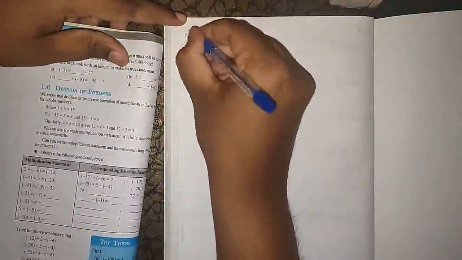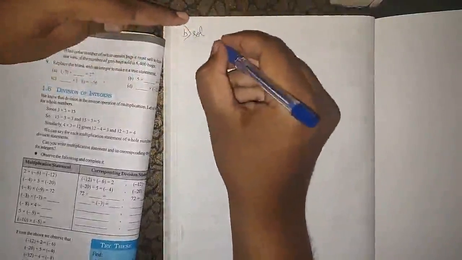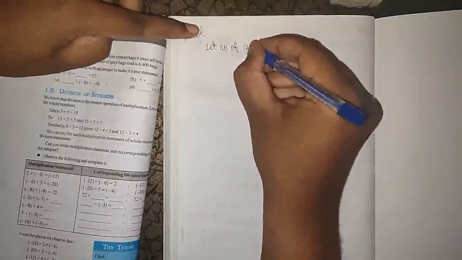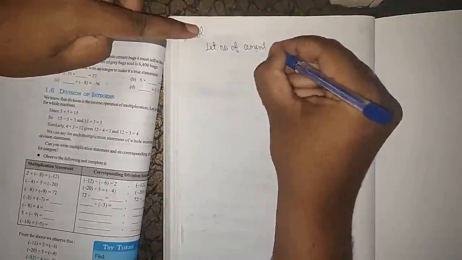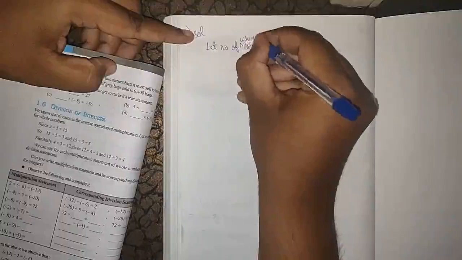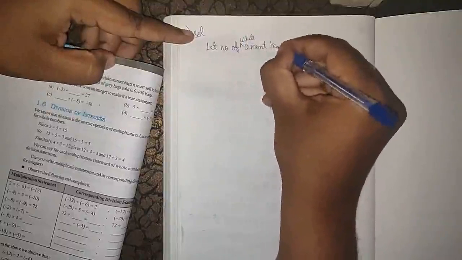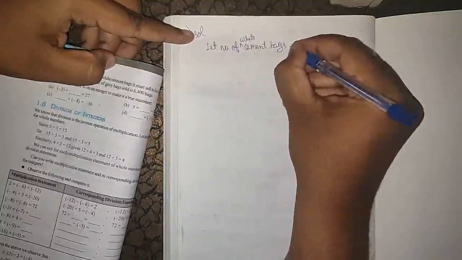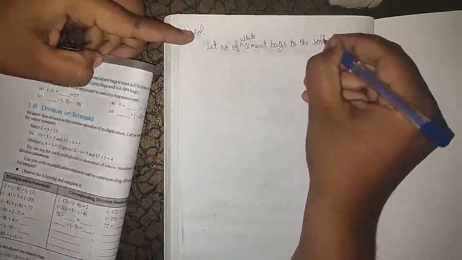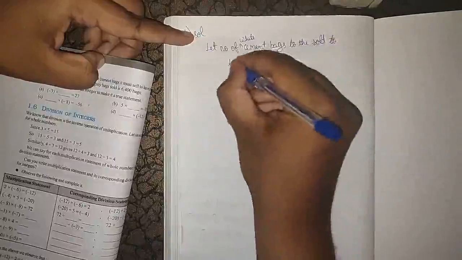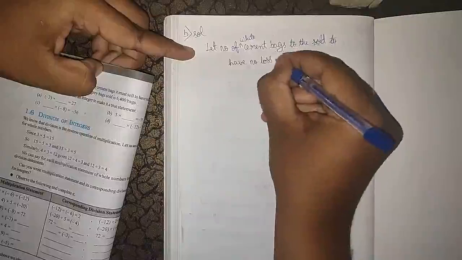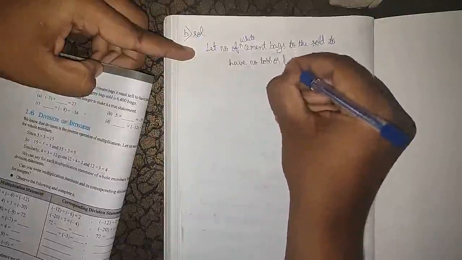B part solution. Let x be the number of white cement bags to be sold to have no loss or profit.